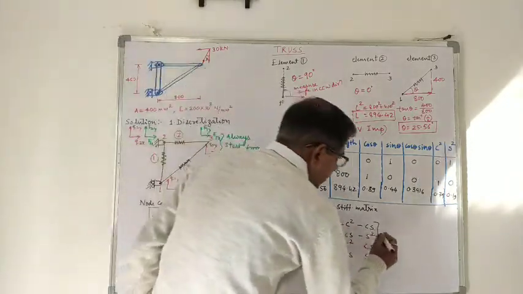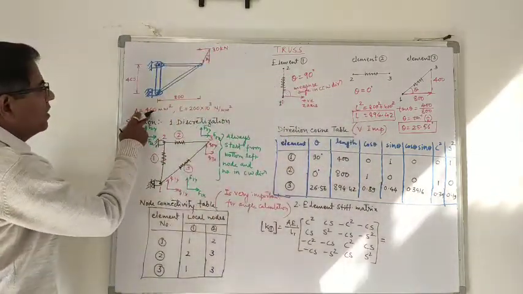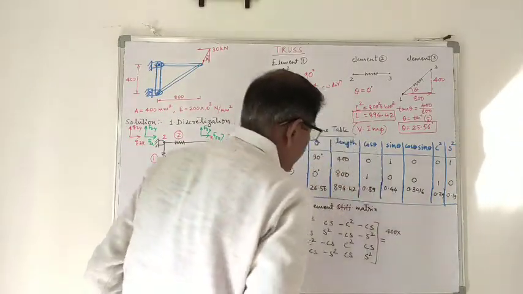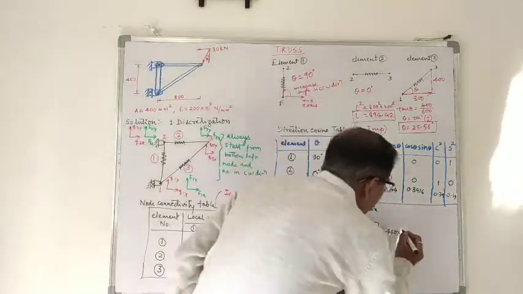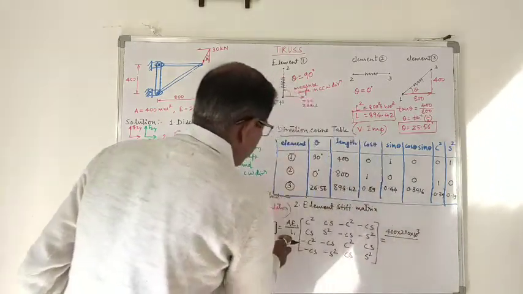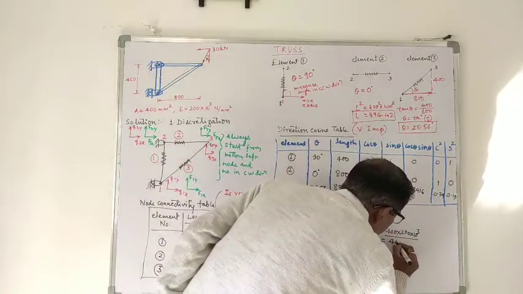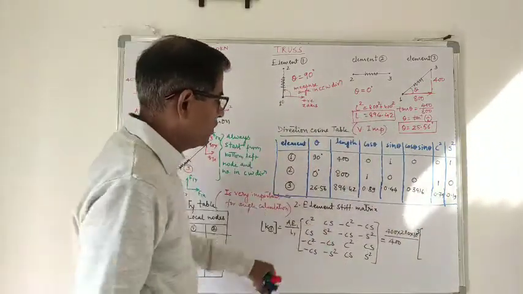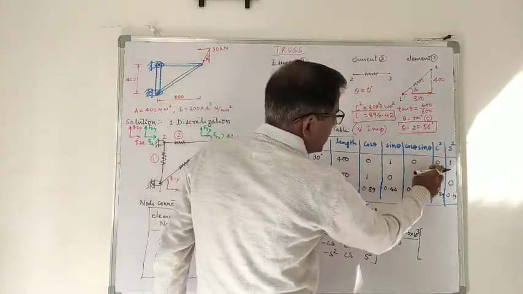Now put the values here. What is A? The area is 400 mm square. So 400 multiplied by the E value. E is 200 into 10 to the power 3. So 200 into 10 to the power 3, divided by the length of the first member, which is 400 mm. Now, what is the c square value for the first element? For the first element the value of c square is 0.